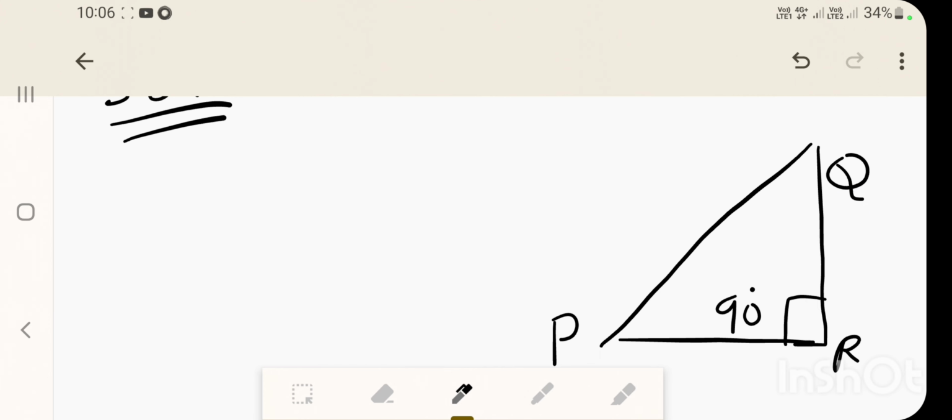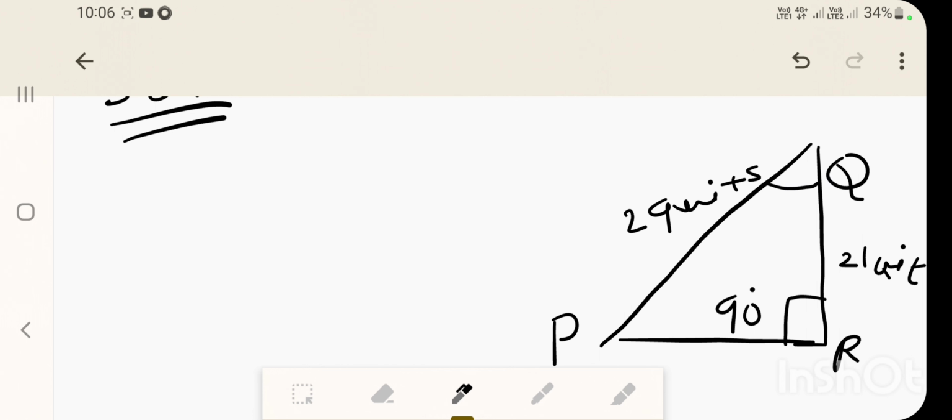Now PQ is going to be the hypotenuse. They have given it as 29 units. You can take units or you can just write 29 also, because when we go for ratios the units will get cancelled. And they have given QR also, that is 21 units. And they have given angle PQR.